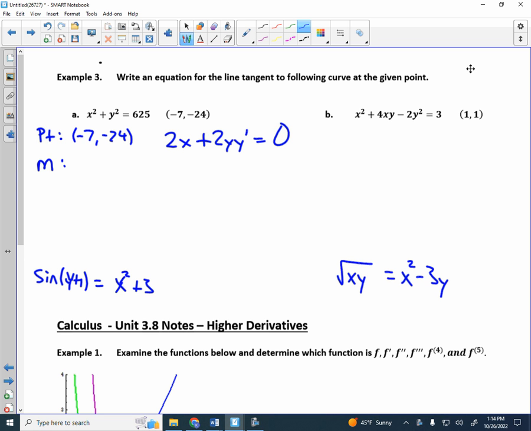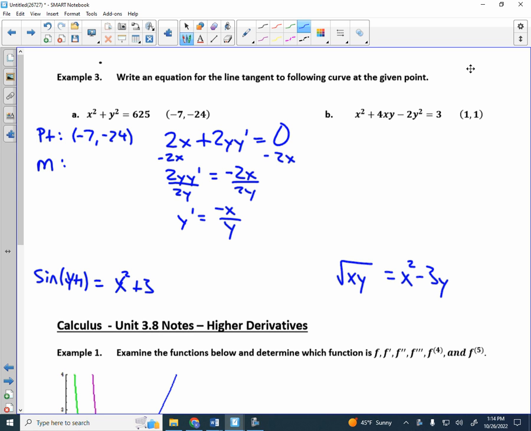All right, so now we're going to solve for y prime. So I subtract my 2x, and I've got 2y y prime is equal to -2x. Divide by 2y, and y prime is equal to? Let's cross off those 2's, right?